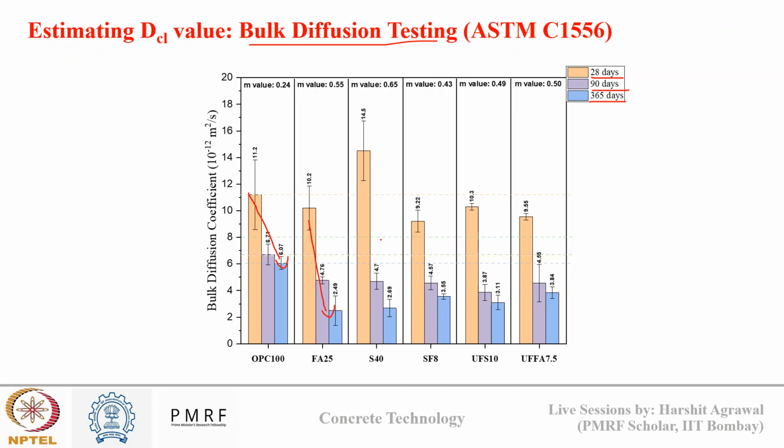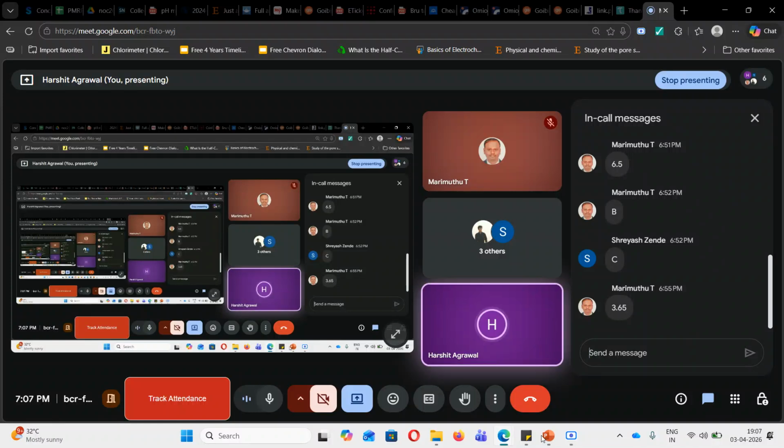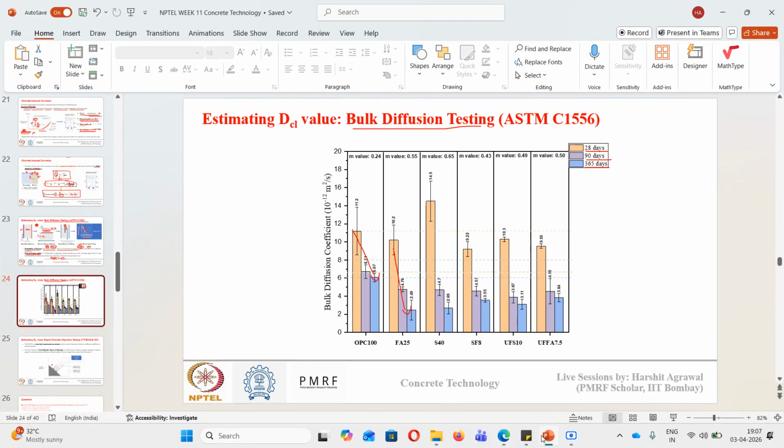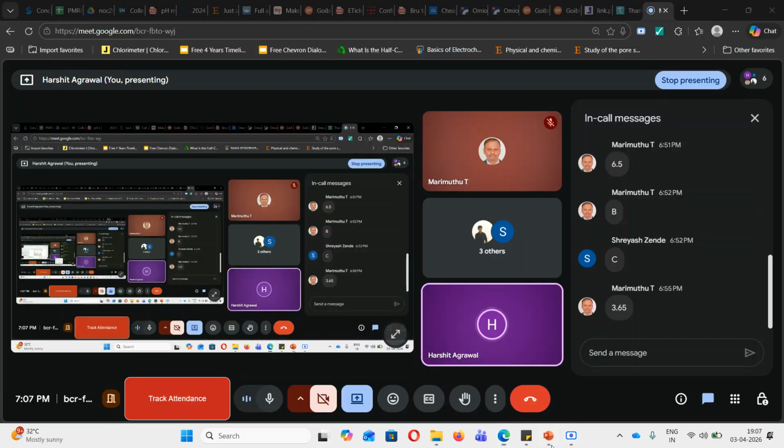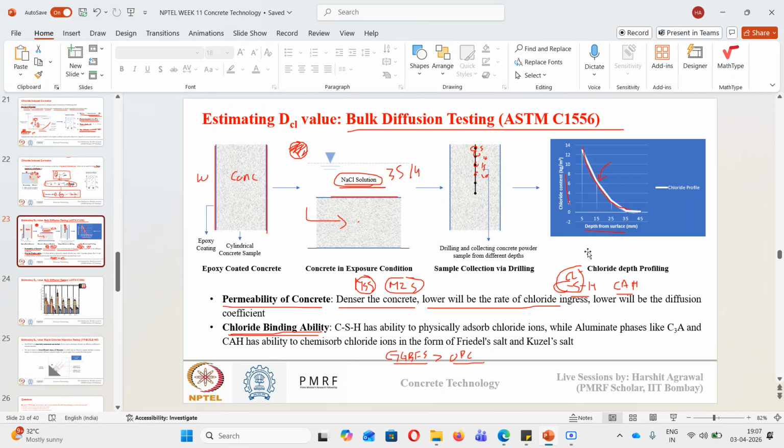is also decreasing. Sorry, your screen is not visible. It is visible. Ah, now it's visible. It may be some network fluctuation which causes this issue. Was it visible till slide number 23?